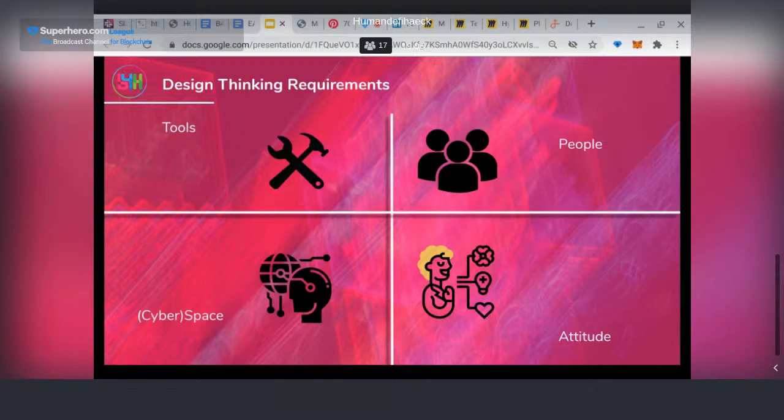I'm just putting you a little bit into context in case this is very new to you.